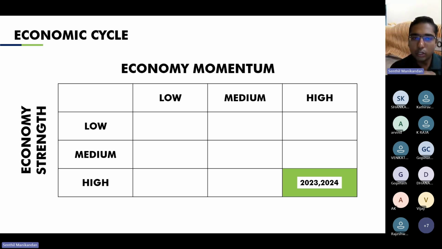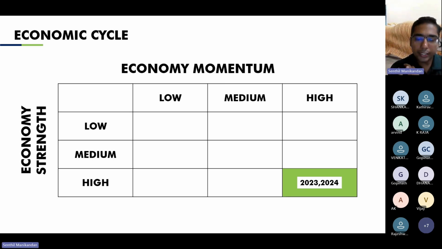Especially the premium segment of consumption was growing faster, and even towards the end of FY24, the mid-level mass segment also started to come back.